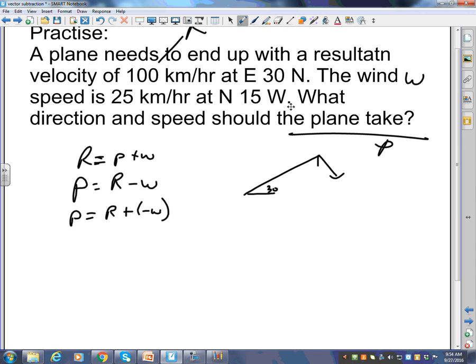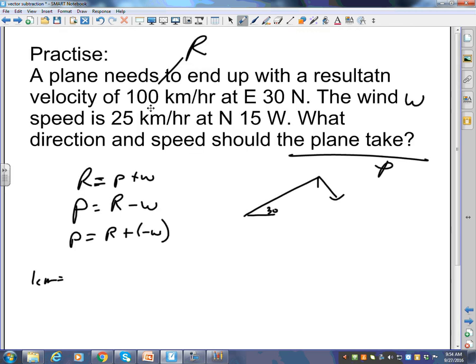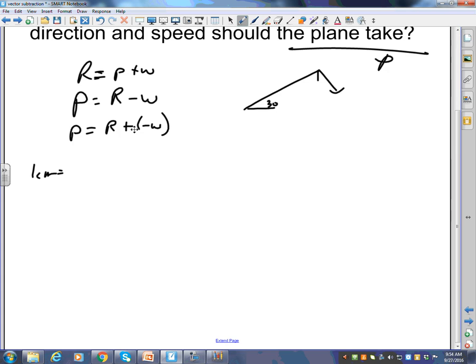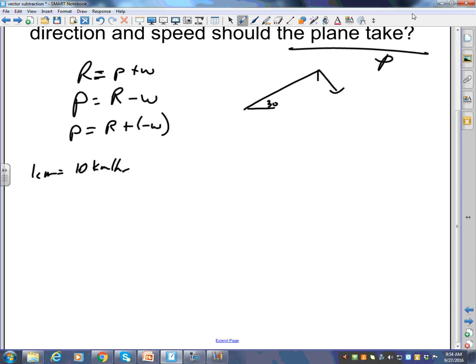Now, should I actually do that by protractor for you? Okay, I think I have time. So, 1 centimeter equals 10 kilometers an hour, since we have 100 and 25. So I'm going east 30 north. Draw a reference line.